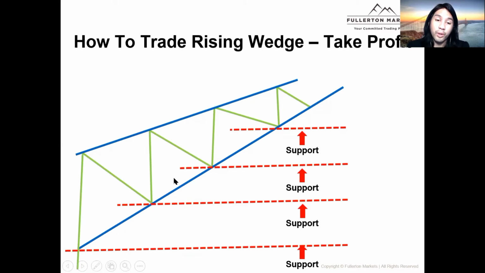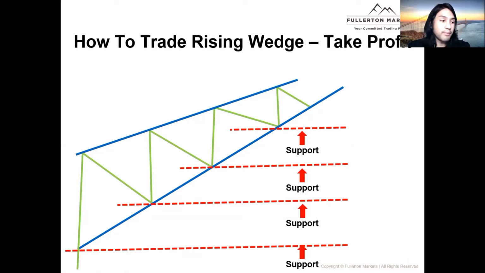So these were lower lows, these were higher lows, higher low, higher low, higher low. This is where the breakout is, prices move up. We first target this before targeting the other areas. So remember, the higher lows are our take profit points.